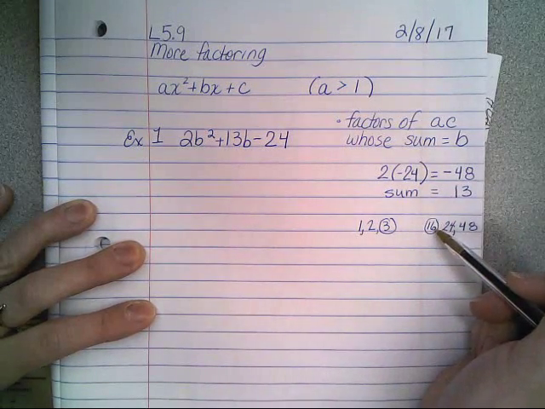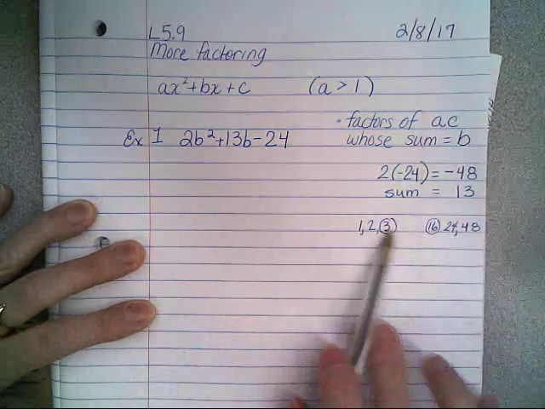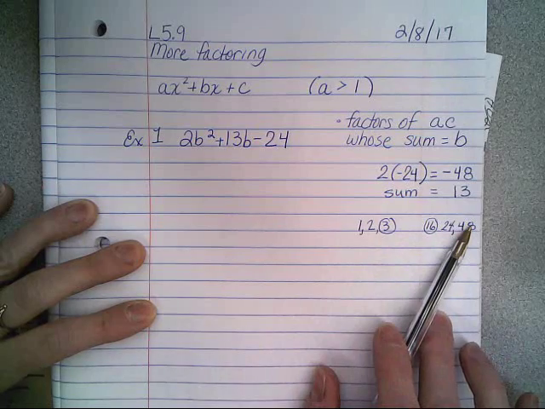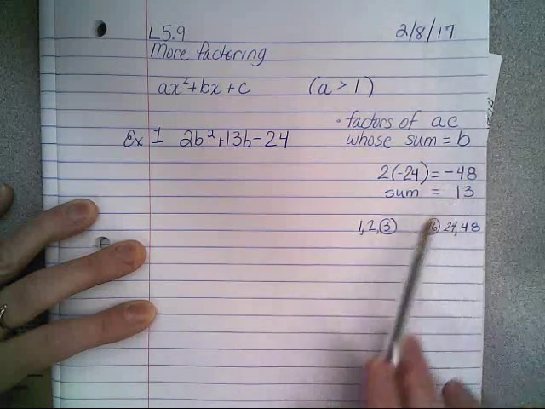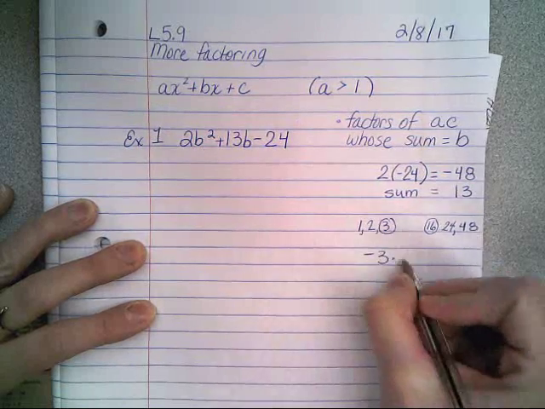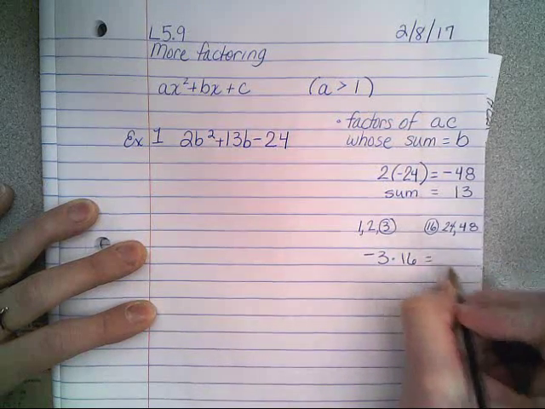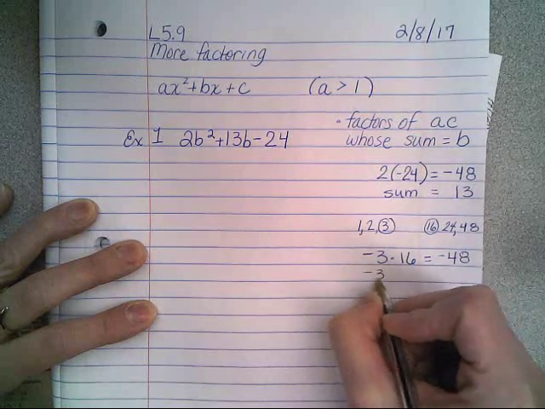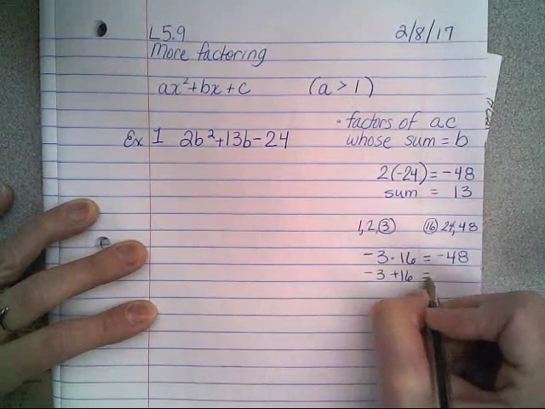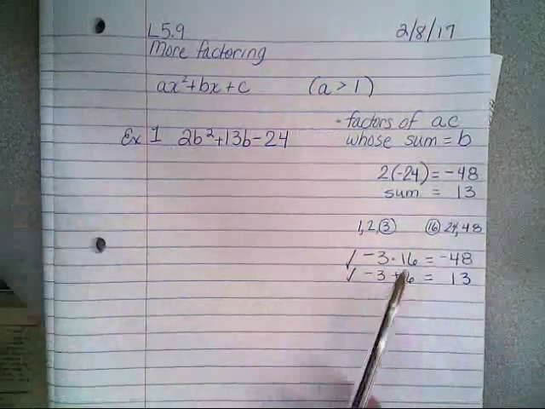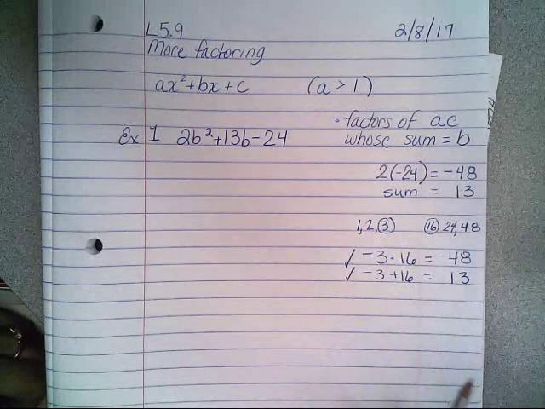In order, though, for 3 and 16 to work, and notice I didn't put positive, negative, and create a negative, that means one of these must be negative and one must be positive. So negative 3 times positive 16 does give me a negative 48, and negative 3 plus 16 does give me a positive 13. So both of those pieces are met by those factors.